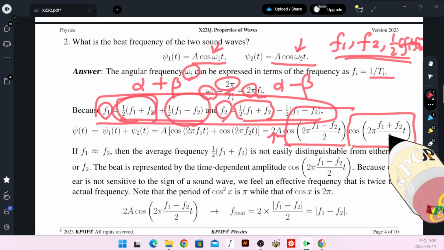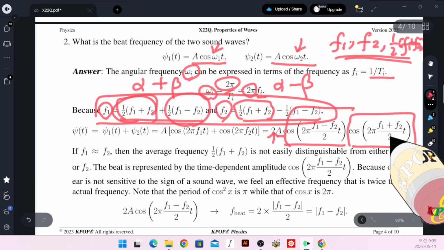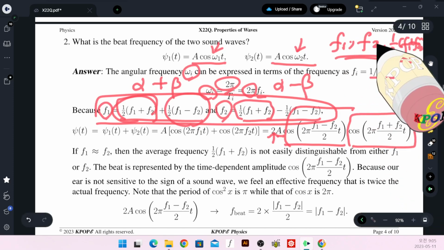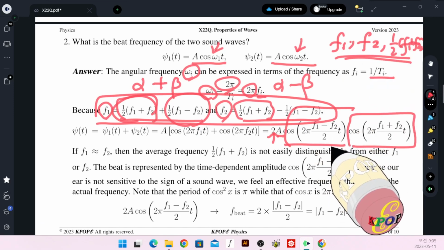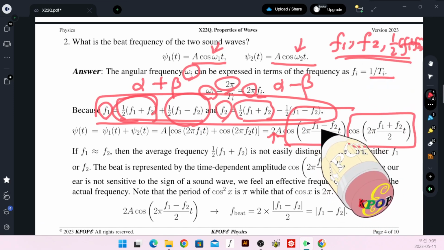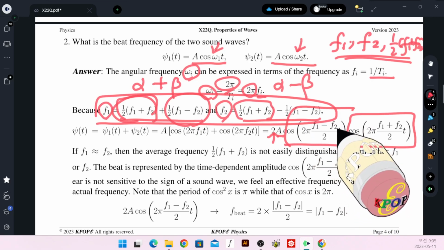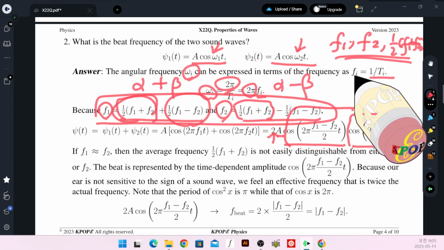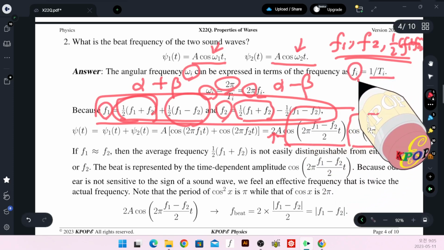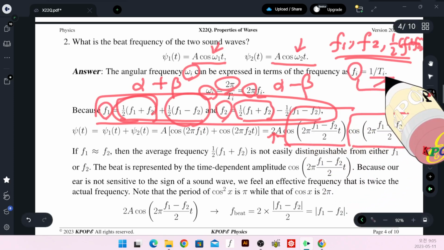If you look at this frequency, it is similar to the previous one, the original two frequencies. However, this frequency, there is a great cancellation, so this frequency is small. A small frequency means a longer period.